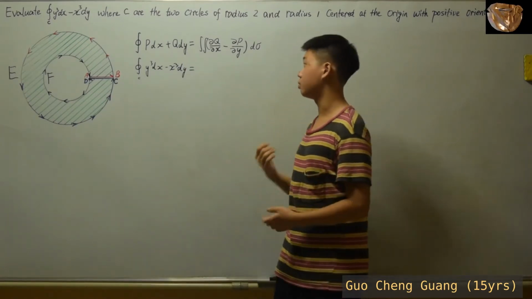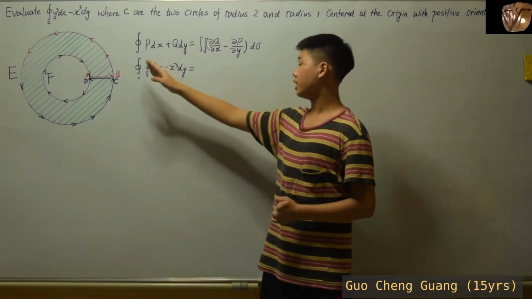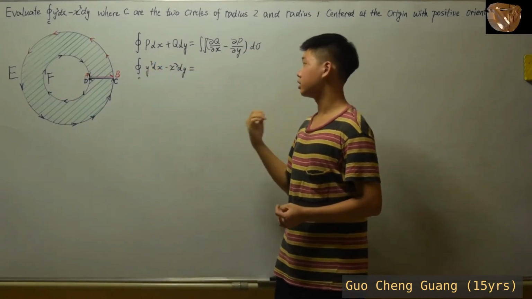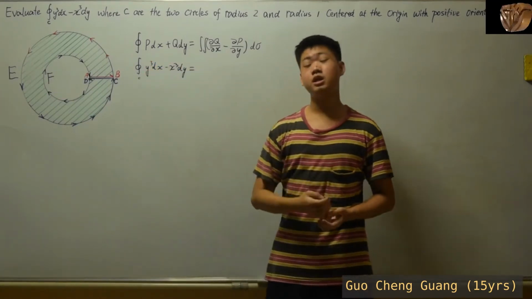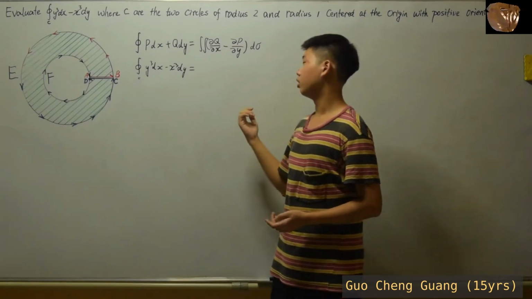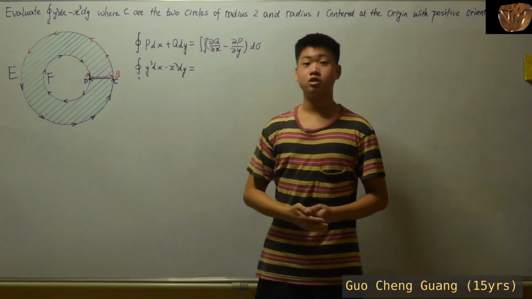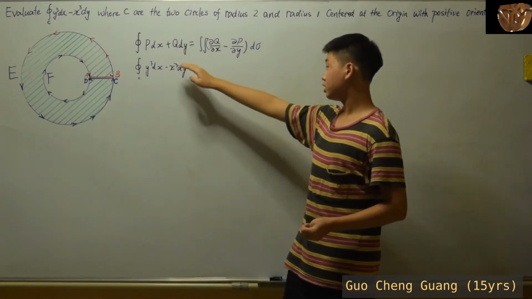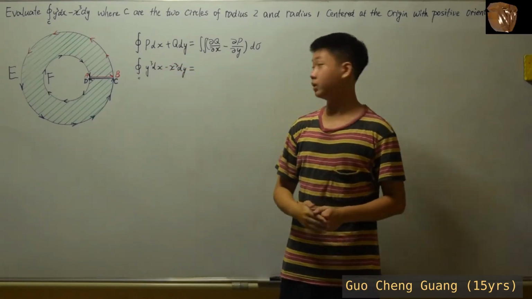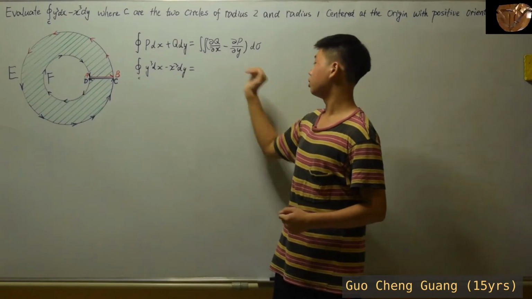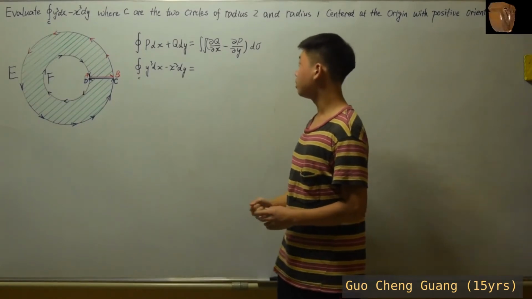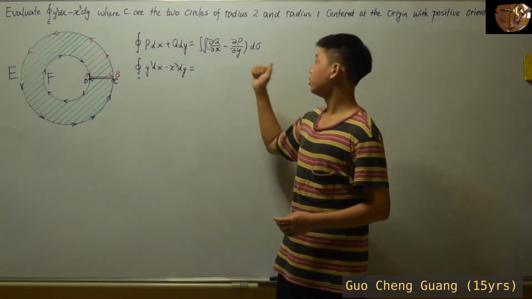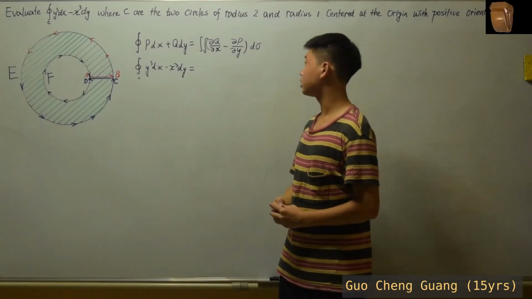But what's exactly so special about this? The line integral of P dx plus Q dy, assuming P and Q are functions of x and y, on the left-hand side will be equal to your double integral on the right-hand side, where you have partial Q, partial x.